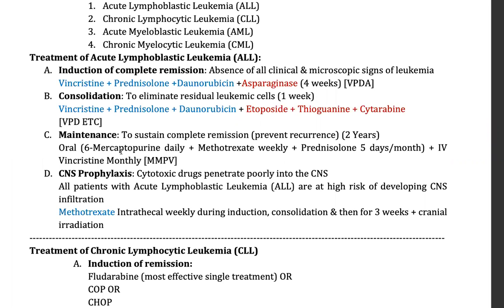How can you represent it by short terminology? MMPV: M for mercaptopurine, M for methotrexate, P for prednisolone, and V for vincristine. So this is the maintenance therapy, and it should be for 2 years to prevent the reoccurrence.